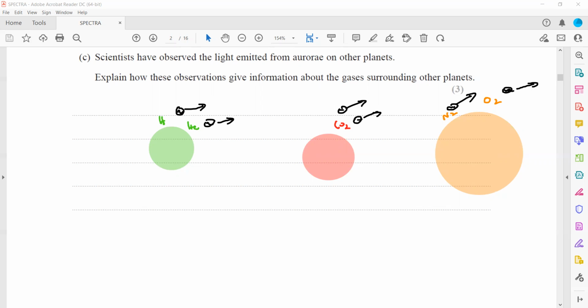So how does this information give the composition of the atmosphere? Each gas has a unique energy level, and using the energy or frequency emitted from these gases, we can identify the element or gas that is present, and using that we can identify the composition. You can generalize: instead of element you can also say each gas; both ways are acceptable.